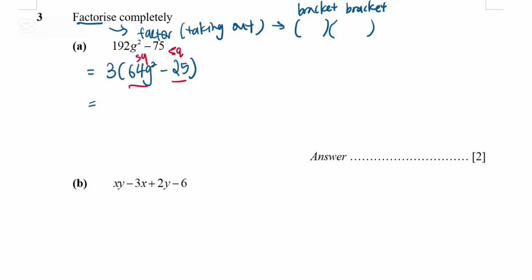So I will get plus minus, based on the formula, in brackets, and it will be 8g, which is the square root of 64g squared, and if I square root 25, I will get 5. So 8g plus 5 and 8g minus 5 multiplied to each other will give me the square minus the other square, right? And that is the full bracket form of it.